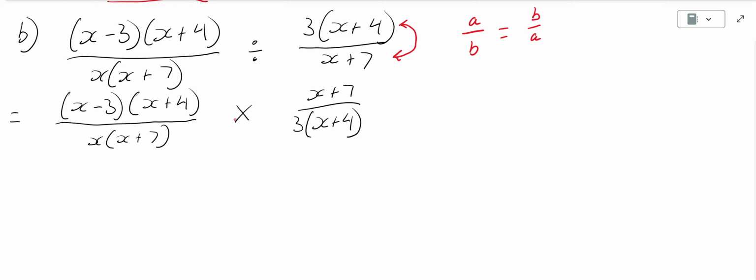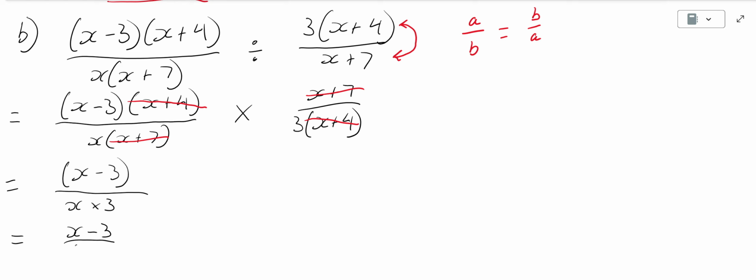We've got an x + 7 down the bottom and x + 7 up the top. Cancel them. We've got an x + 4 and an x + 4. Organising new information, on the top, we're left with x - 3. In the bottom, we're left with x times 3. So now the simplified answer is (x - 3) over 3x.